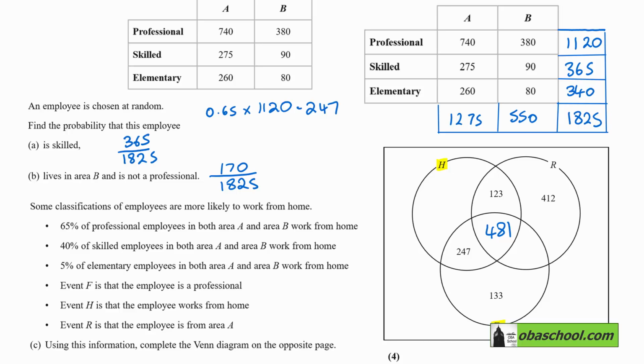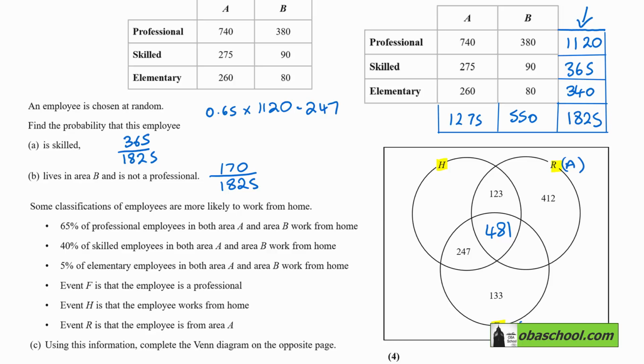Now note that R is the people from area A. So anything outside of that circle will be area B. We know that the F is the professional employees, and we can see from our table up here that there's 1,120 of those.